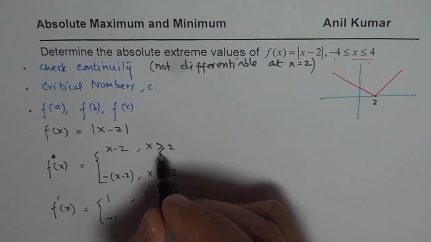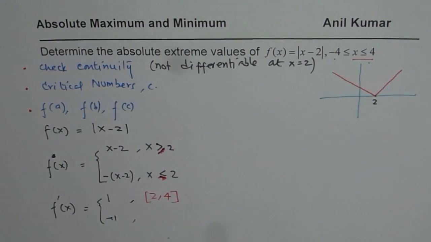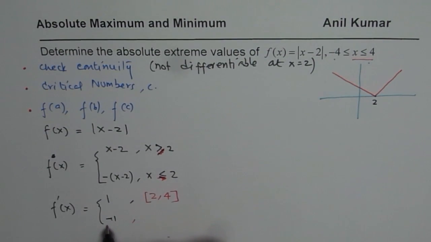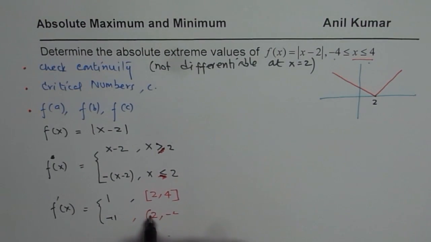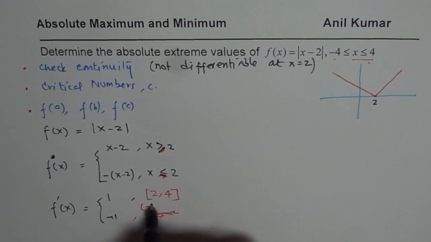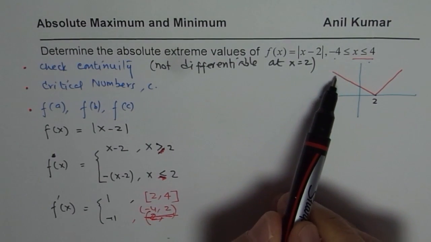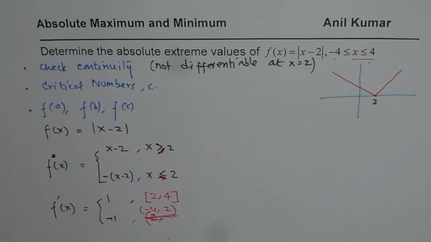For minus, it is not including this side, so we'll say minus 4 to 2. So minus 4 to 2, we know it's a negative slope of negative 1. You can see, and you can understand what I'm trying to say, right?